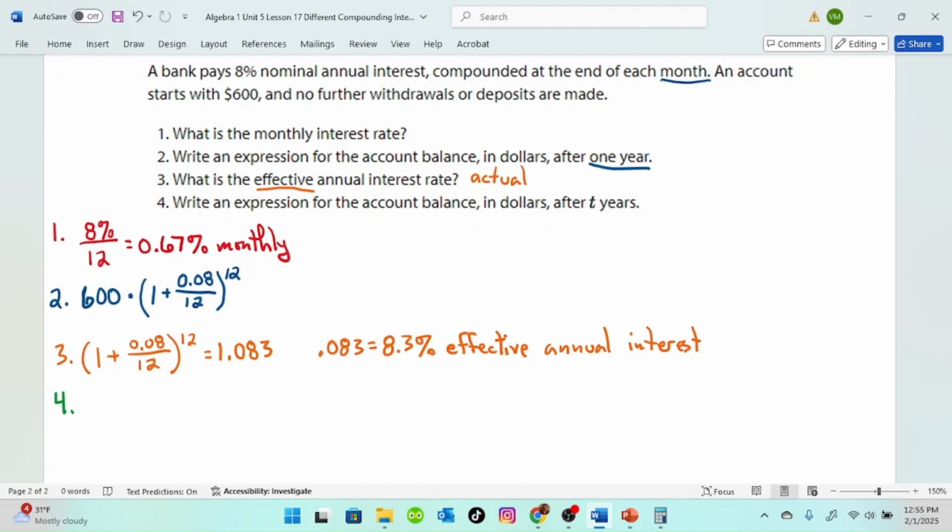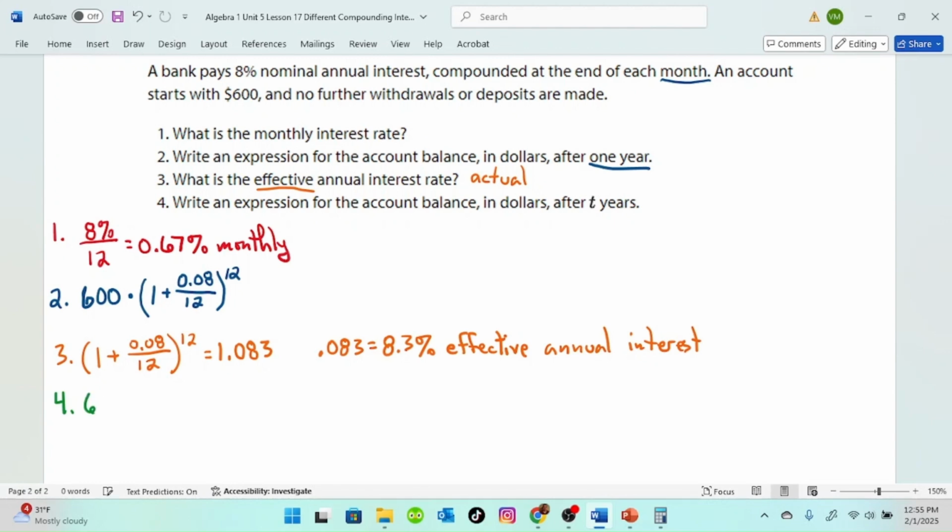So if we just multiply those 12 months by T, then you could substitute in any number of years, multiply those number of years by 12, and that would tell you how many monthly interest installments to apply.